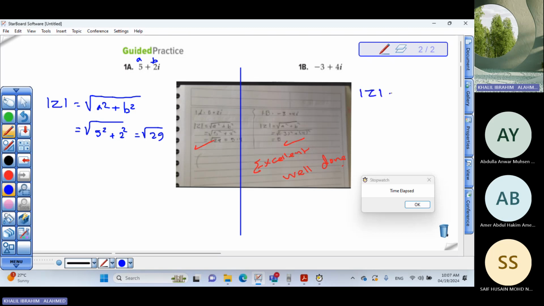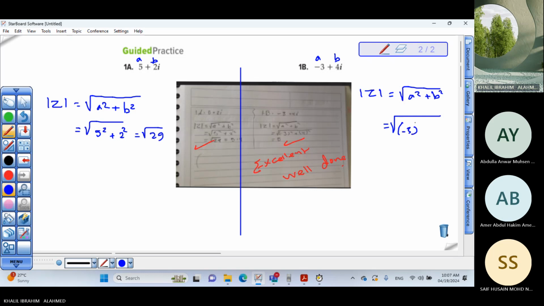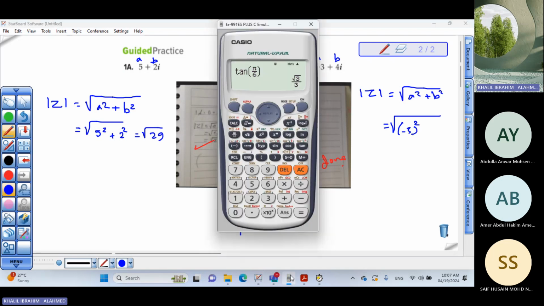Here, z in absolute value equals a squared plus b squared. This is a, this is b, as you see here. Just substitute here. Be careful about this, to put -3 in brackets. Don't write it without brackets; it is a common mistake in using the calculator. Some students write -3 like this. The answer is wrong. Okay, be careful about this.